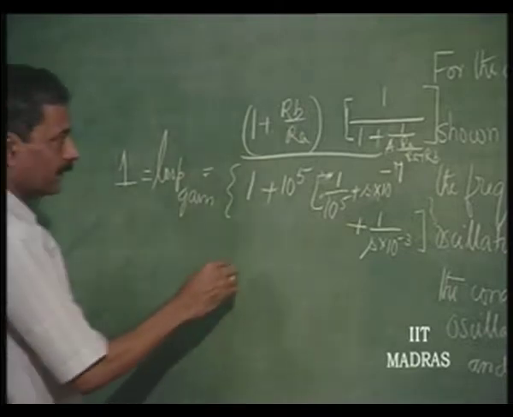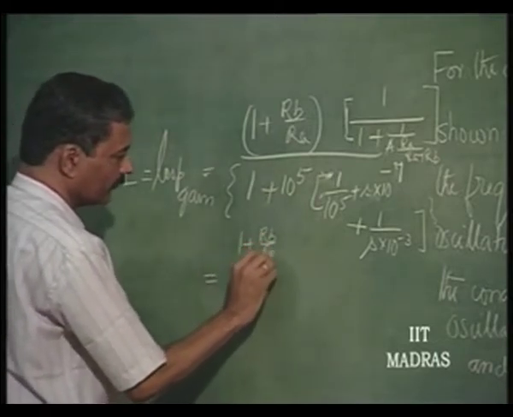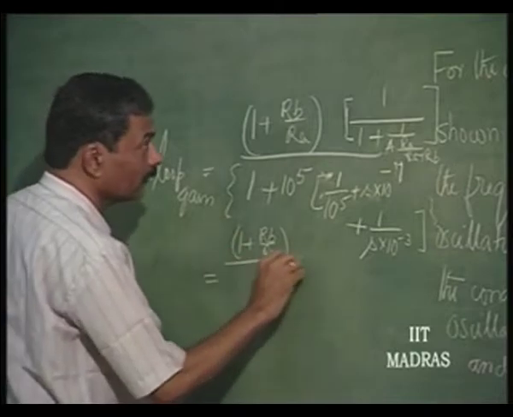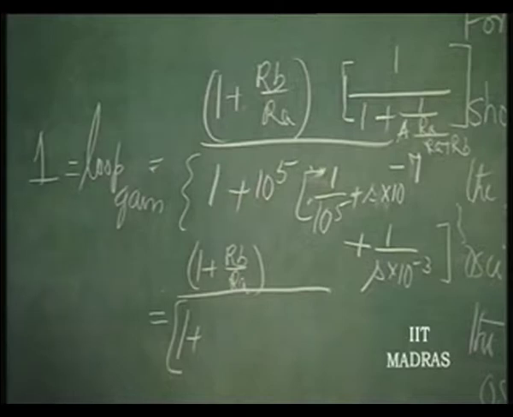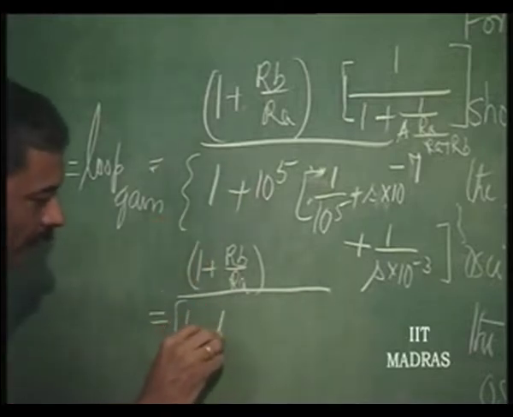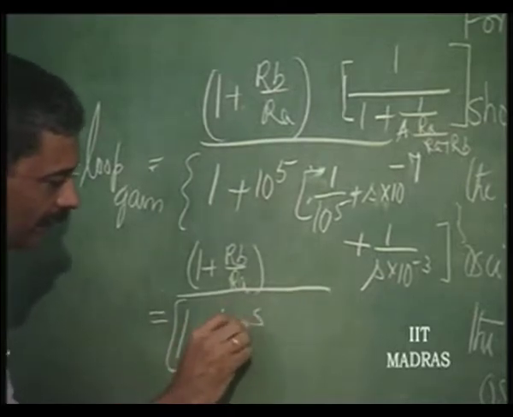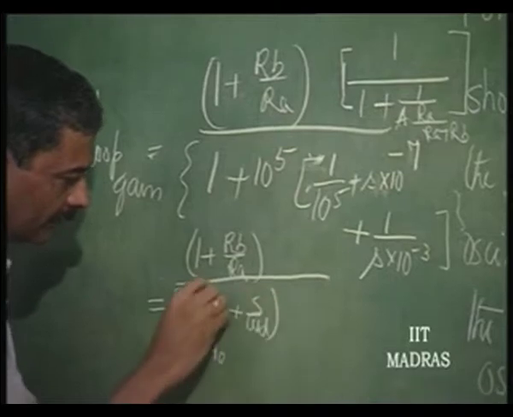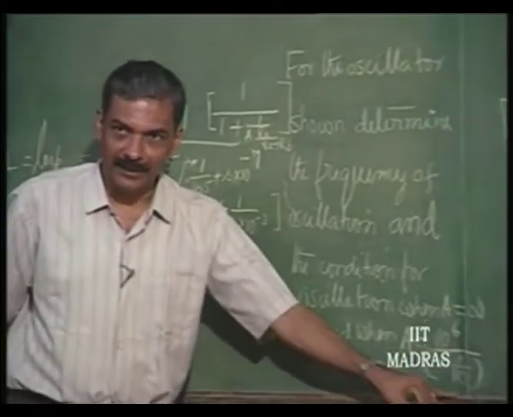Now, what it means is 1 plus Rb by Ra divided by 1 plus A. A is 1 over A naught plus S by omega d, that is what, say A naught by 1 plus S by omega d, that is how we have taken.